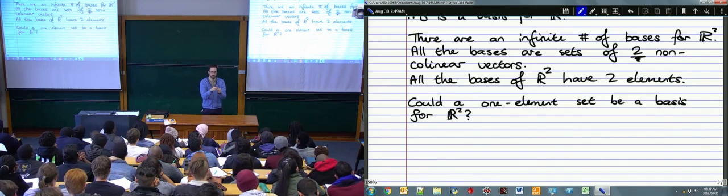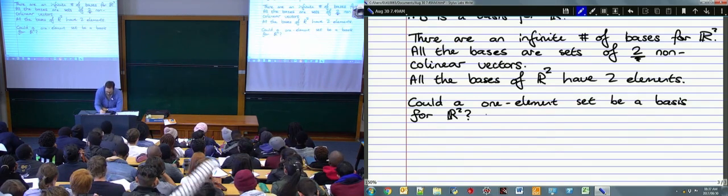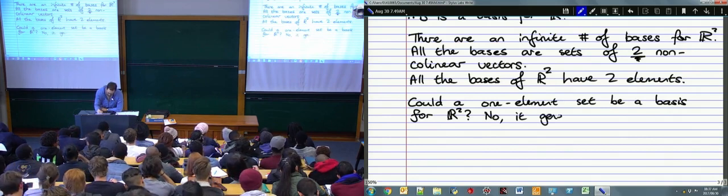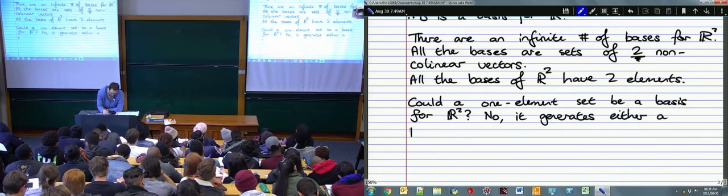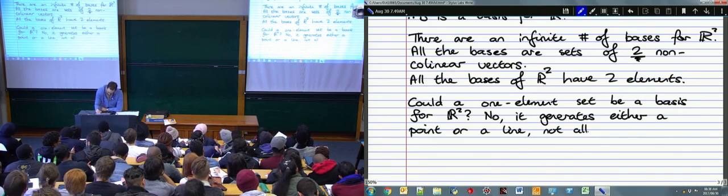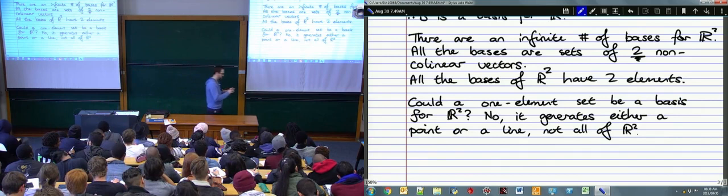Or if it was the zero vector to start with, then it just generates a point. But it fails to generate all of R2. So can a one element set be a basis for R2? No, it generates either a point or a line. It can't generate all of R2.